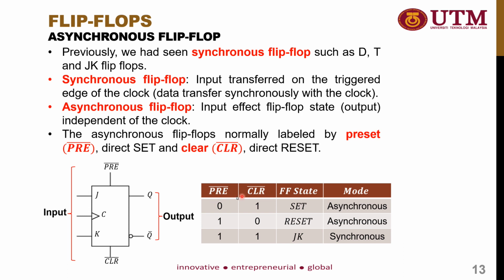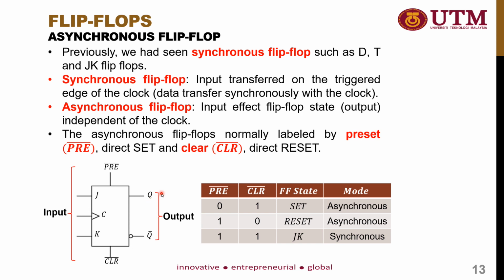If PRE bar is set to 0 and CLR bar is set to 1, the flip-flop will go to the set mode. It is in asynchronous mode because the output Q will automatically become 1.